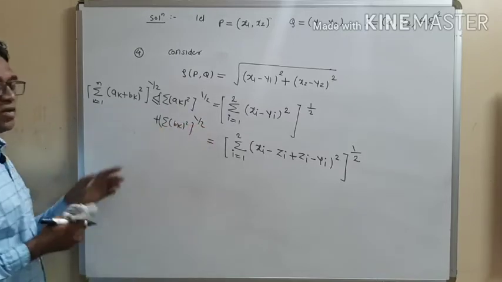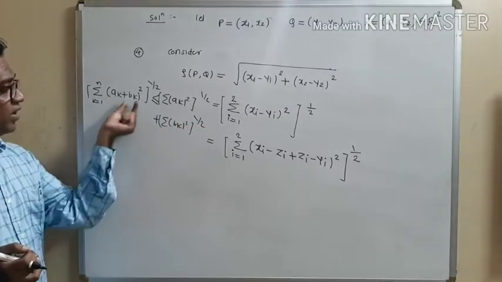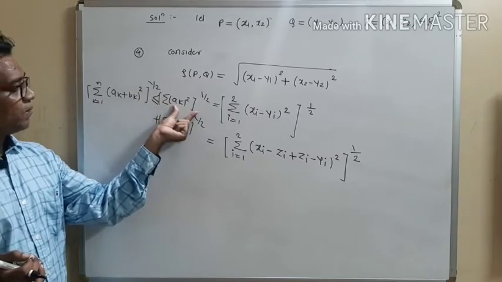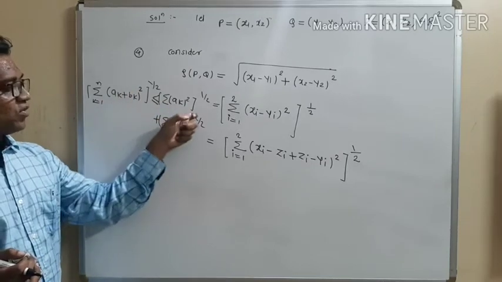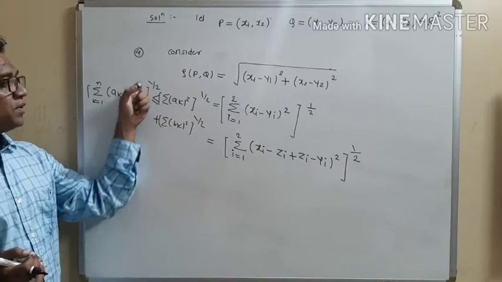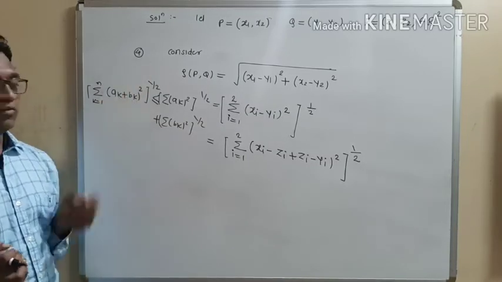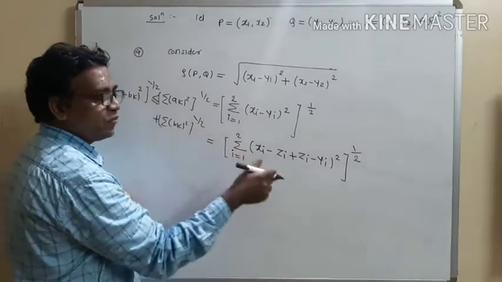This is called Minkowski's inequality. We can separate this summation in this form.